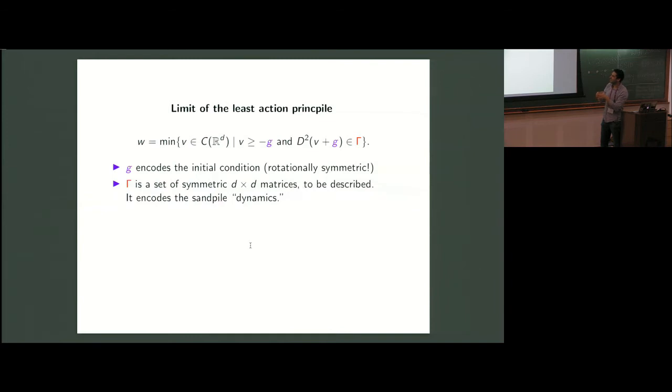That encodes the initial condition of starting with n chips at the origin. And that's very nice, and it's rotationally symmetric. So we understand it. We have a formula for G. The other part is the hard part. It's saying that the Hessian of V plus G has to belong to this set gamma. And that's the only thing in this problem that's not rotationally symmetric.